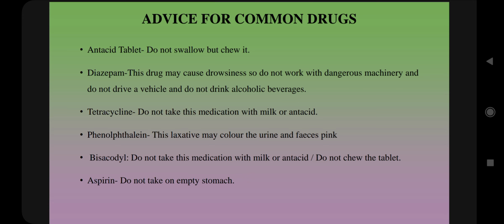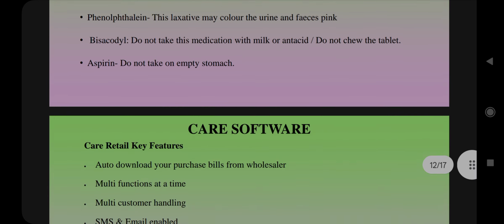Tetracycline should not be taken with milk or antacid. Phenolphthalein, this laxative may color the urine and feces pink. Aspirin should not be taken on an empty stomach. Isabgol-type medication should not be taken with milk or antacid, and we should not chew the tablet.